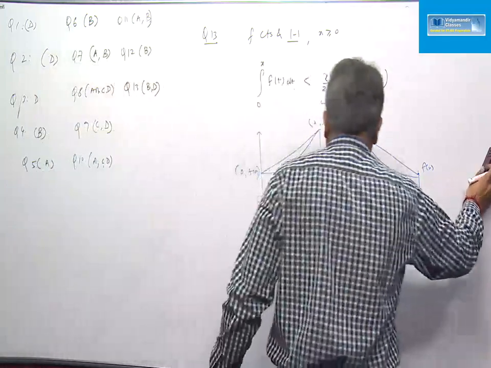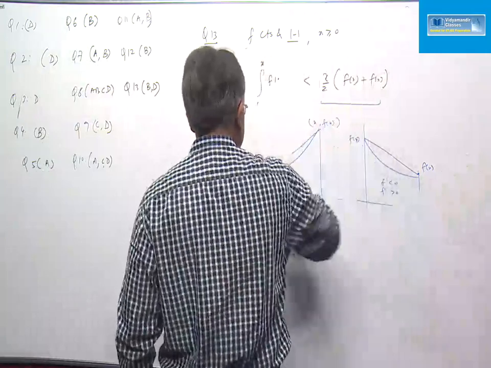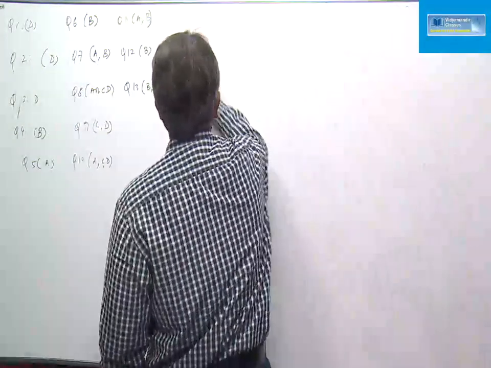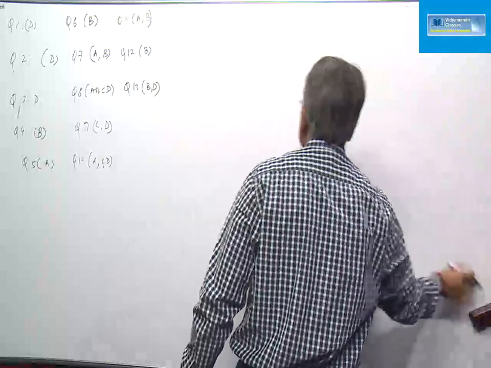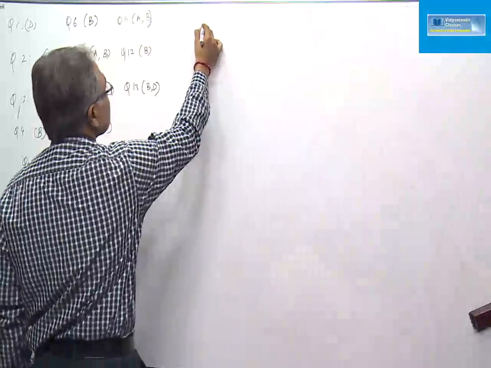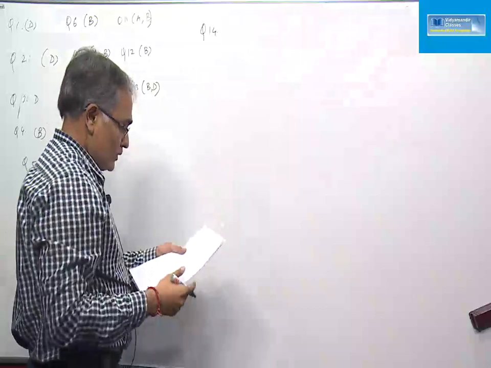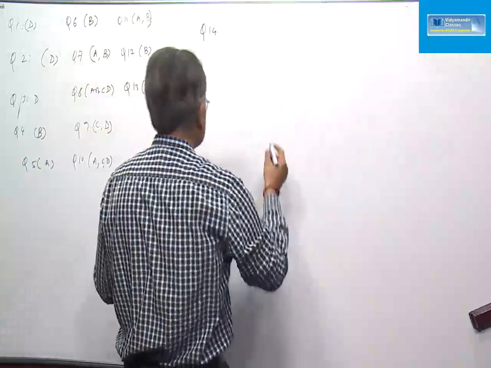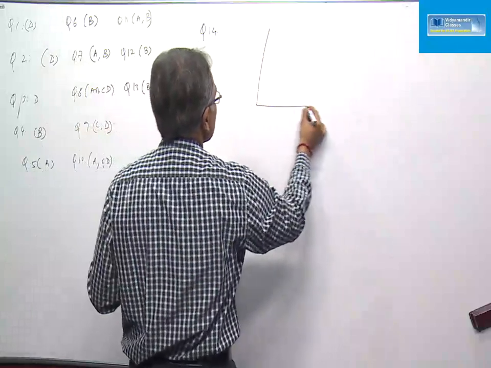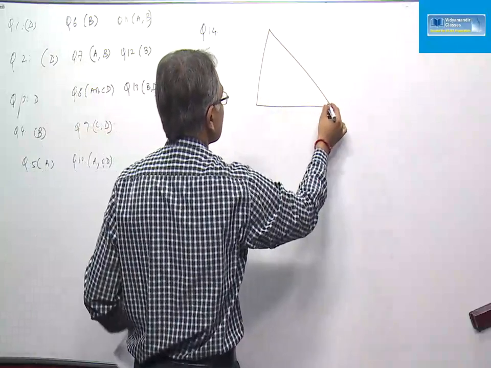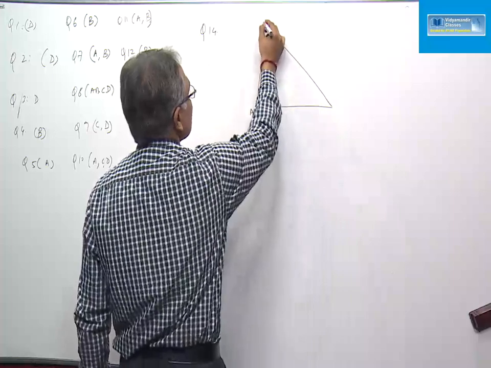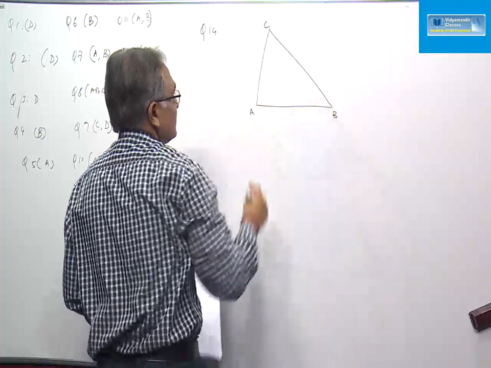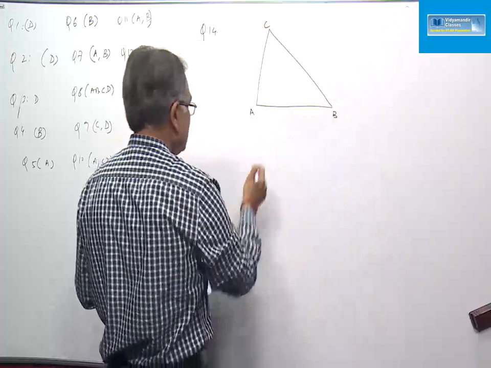Now let's come to question number 14. It says ABC represents the vertices of a triangle. A is the origin.